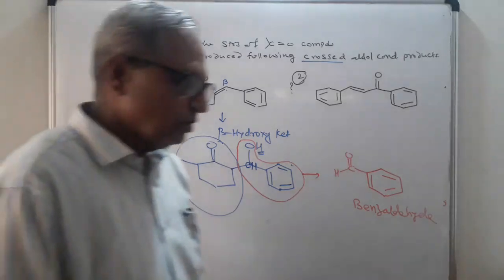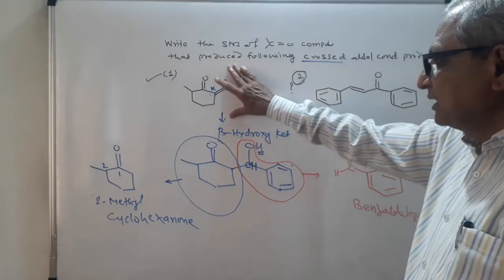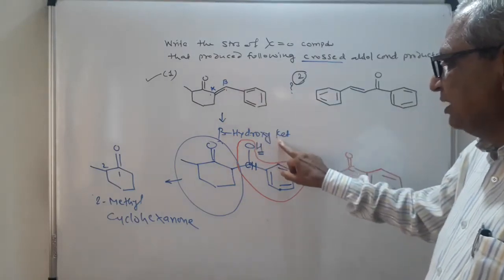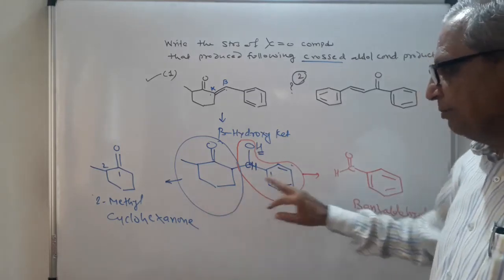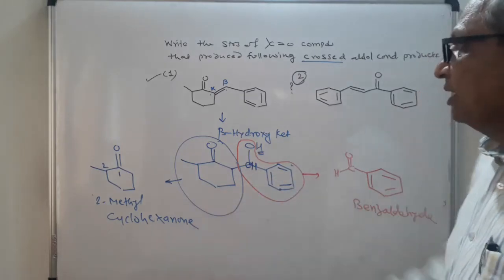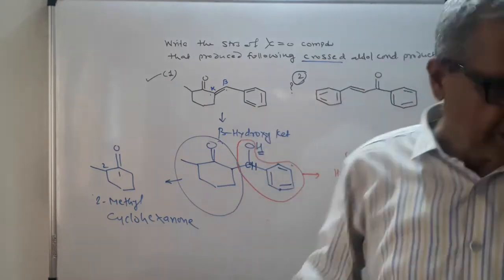So in this way, once the structure is given, you prepare the beta hydroxy ketone and then determine one carbonyl compound, and the second carbonyl compound. I explained the one, I will give you 2 minutes to solve the second, immediately solve it.